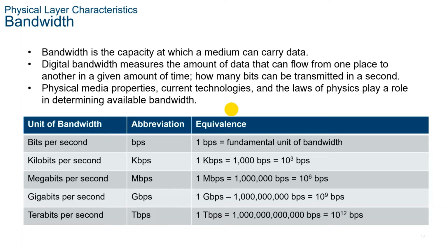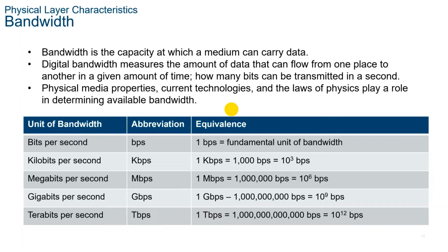Digital bandwidth measures the amount of data that can flow from one place to another in a given amount of time. Bandwidth is typically measured in kilobits per second or kbps, megabits per second or Mbps, or even gigabits per second or Gbps. Bandwidth is sometimes thought of as the speed that bits travel.